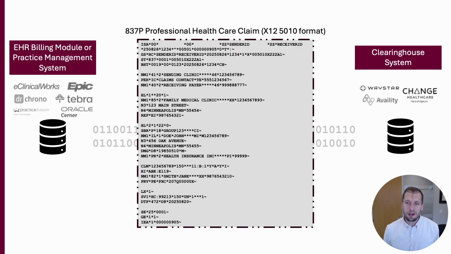If you really want to nerd out, you can look at these right here. This HI*ABK:E119. That's the bulk or the most important part of this claim, I think. So HI indicates it's the health information segment. ABK means we're using an ICD-10 diagnosis code, and we're submitting this diagnosis code for E11.9.